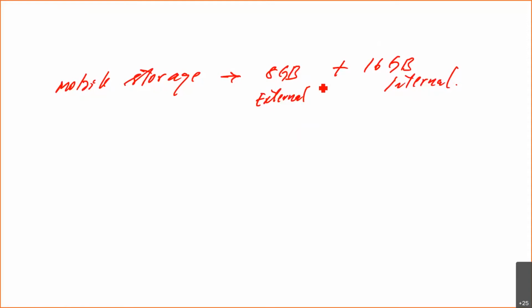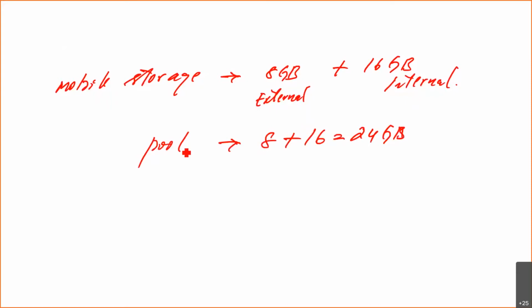But try to understand, when you turn on your mobile the first time, when you insert the memory card, it is asking the question: you want to use this as internal memory or as external memory? If I say internal memory, it will become a pool. So what is the pool? 8 GB plus 16 GB. Now it will become 24. So now I can store a single file of 24 GB, guys. But actually they are two different storages, external and internal are different.